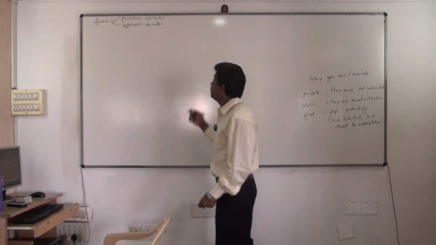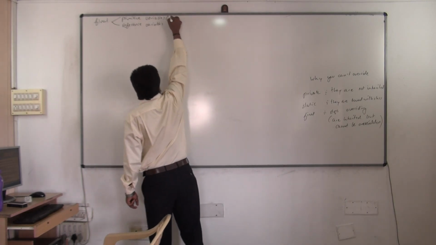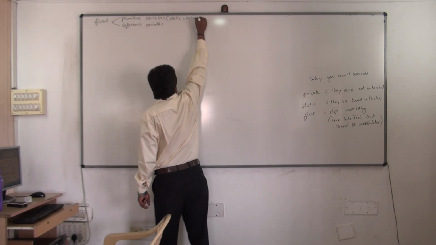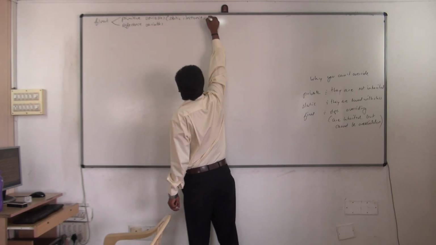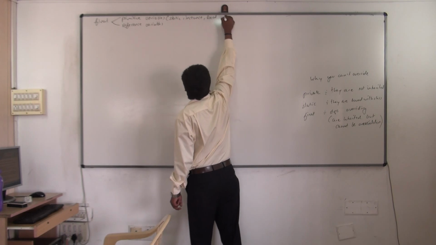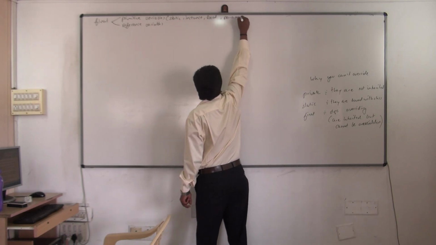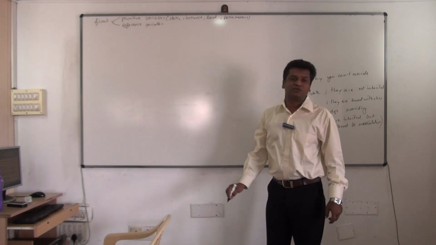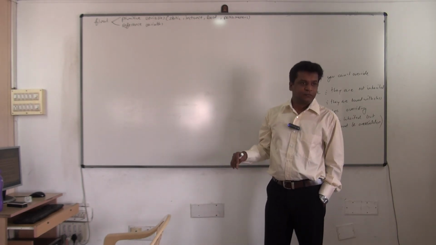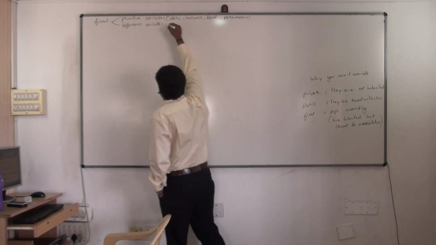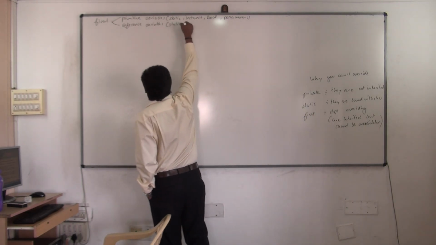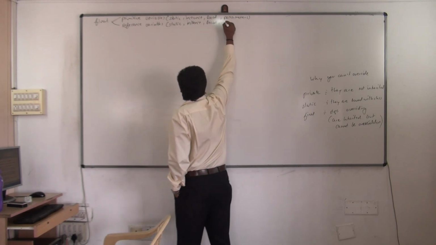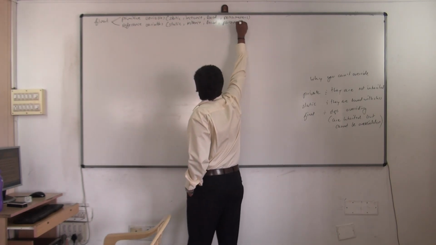You can have a static variable, then you can have instance variables, then you can have local variables, then you can have parameters. So even if you have a primitive variable, it can be used as these four kinds. Understood? Even if you have a reference variable, you can have it as a static variable, instance variable, local variable, and parameter.